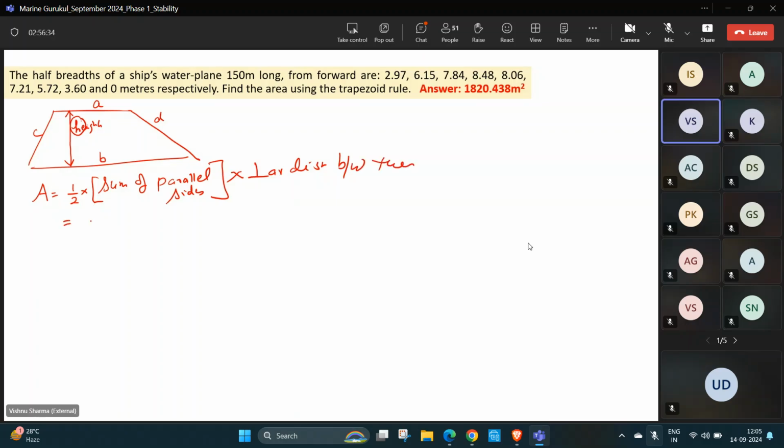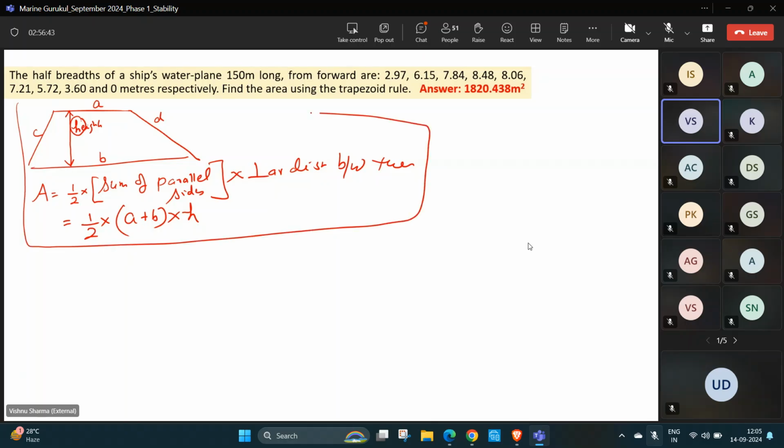That means in context of the above diagram, it becomes half into (A plus B) into H. That is the formula for area of the trapezium. So here we'll only calculate area and will not touch upon the moment issue or the GC issue. So chances of it being asked are very less.